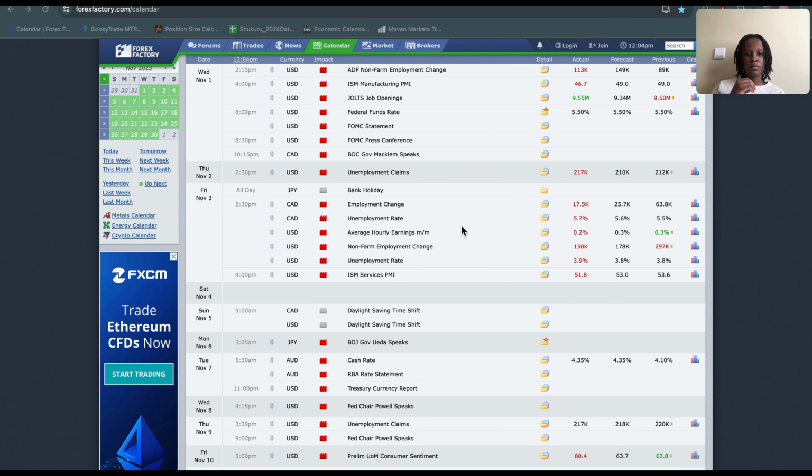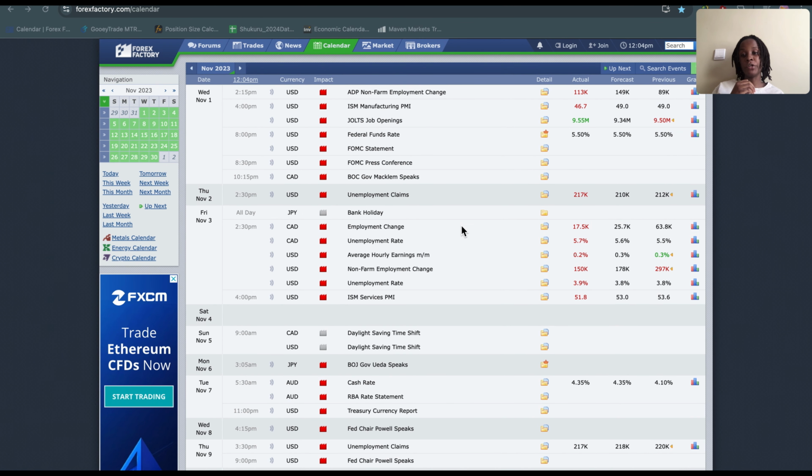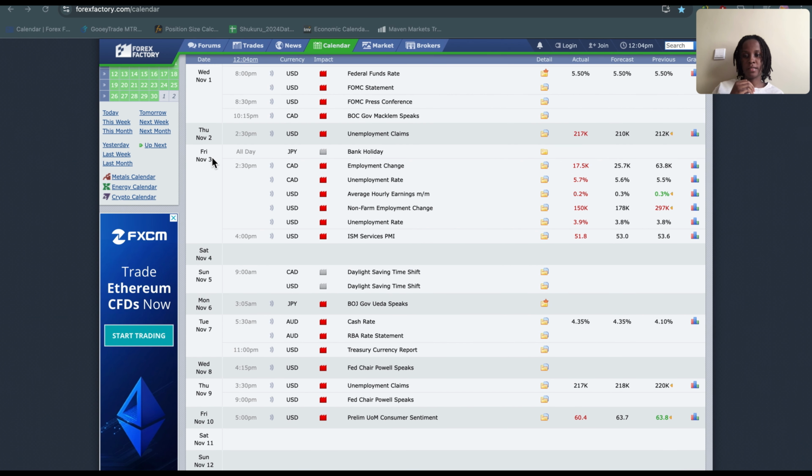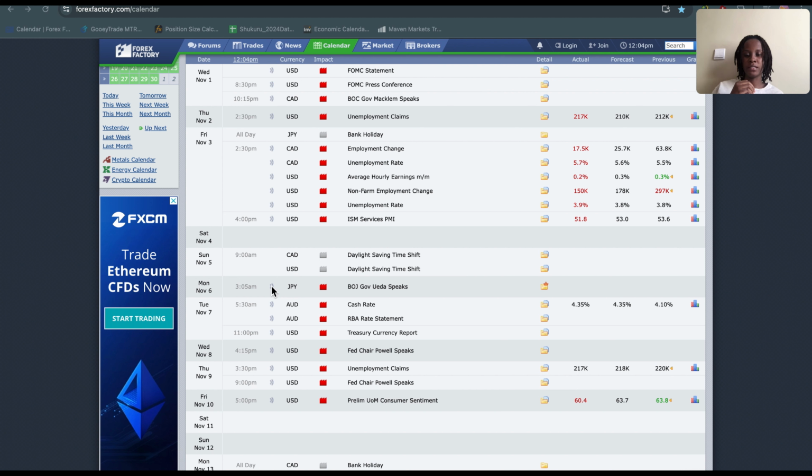After knowing that I'll not be trading from November 1st to November 3rd, I check the previous days. I check on which days I have AUD CPI, CAD CPI, USD CPI, or USD PPI, because on those days I don't really look forward to trading.